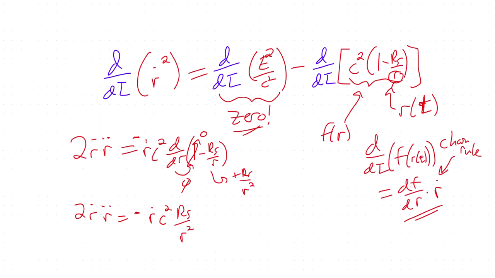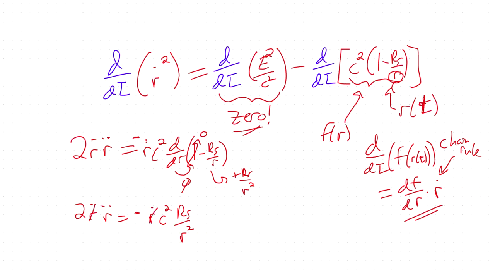We did it. This is just from the metric and from the conserved quantity E, the energy related to the Lagrangian's time symmetry, related to T dot. That's where this came from. Notice what we get here. R dot cancels, solve for R double dot.